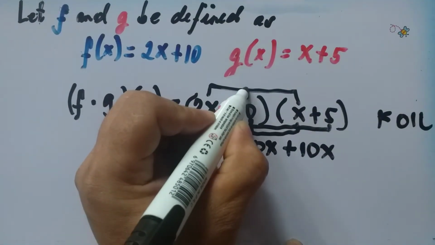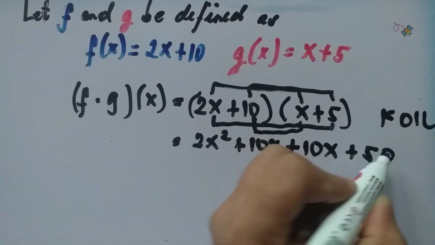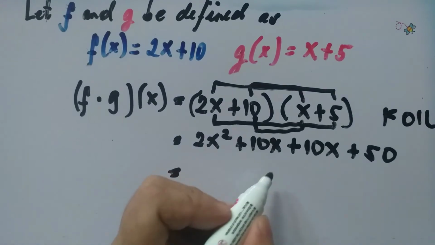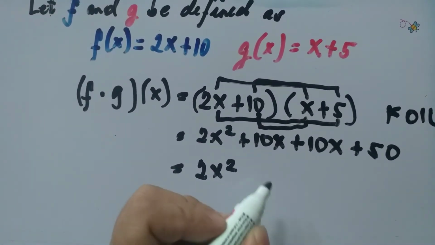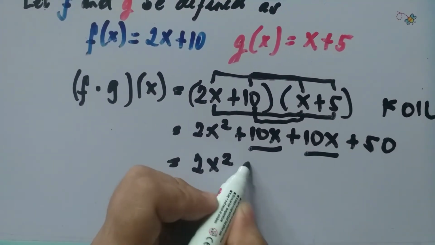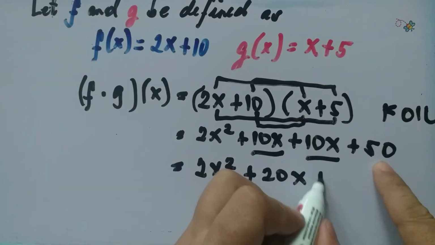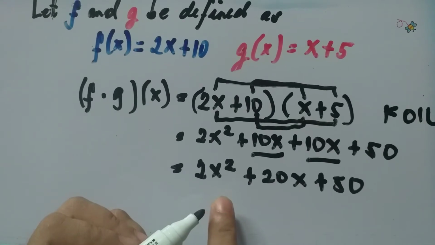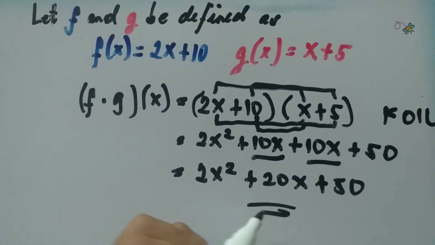Then the last terms, 10 times 5 is 50. Then combining like terms, so we have 2x squared. We can combine positive 10x and positive 10x, so we have positive 20x, then add 50. So we have the product 2x squared plus 20x plus 50.